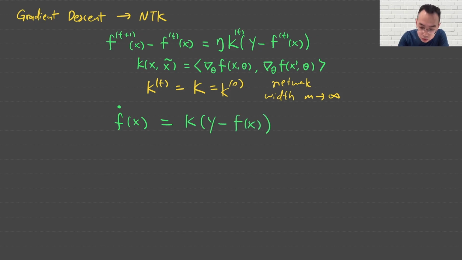So we can convert this into an ODE when the learning rate is very small, right? We're making one small update at a time. So that's going to be a differential equation that's easier for us to analyze. And then you see here, this ODE is actually very simple, right? It's just going to be a linear ODE. So this means that we can analyze the spectral properties of this ODE, and that can give us some insights about the network architecture and about the data when training a neural network.